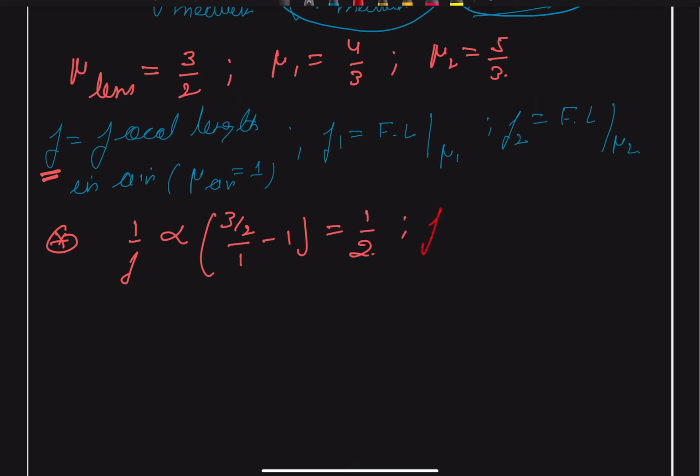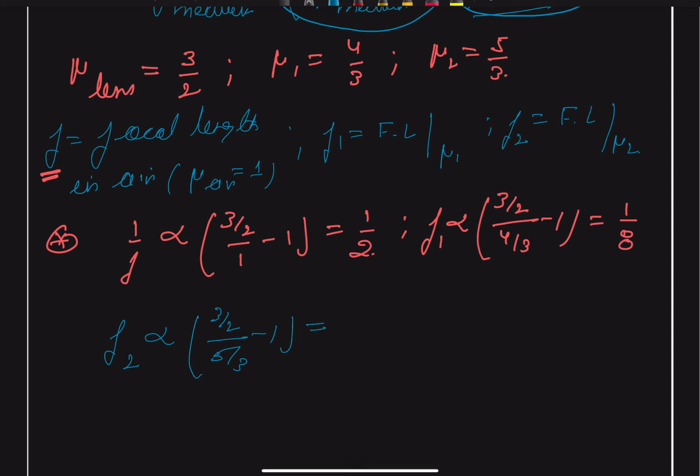Similarly, for mu1, 1 upon f1 is proportional to 3 by 2 divided by 4 by 3, minus 1, and this comes as 1 by 8. Similarly, 1 upon f2 is proportional to 3 by 2 divided by 5 by 3, minus 1, and this comes as minus 1 upon 10. Now we can simply take the ratio and find out the relationship.